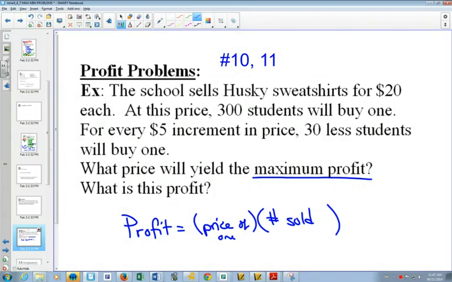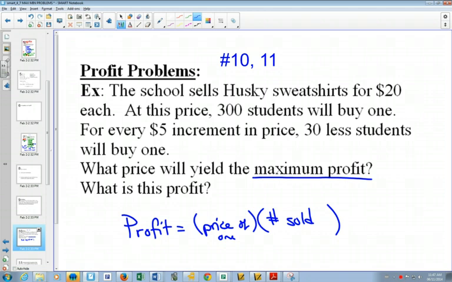So here's the idea. Now we need to make algebra. And we need to decide what the price is and how many are sold. What is the price? Is it always 20? No, they can change it, right?